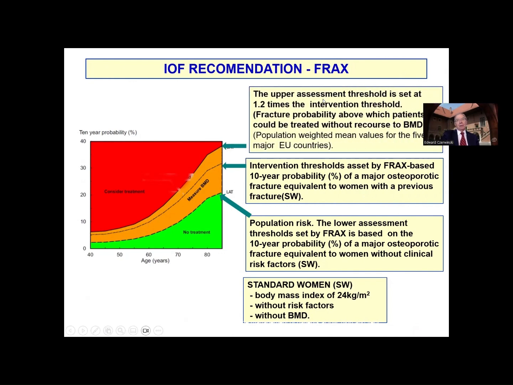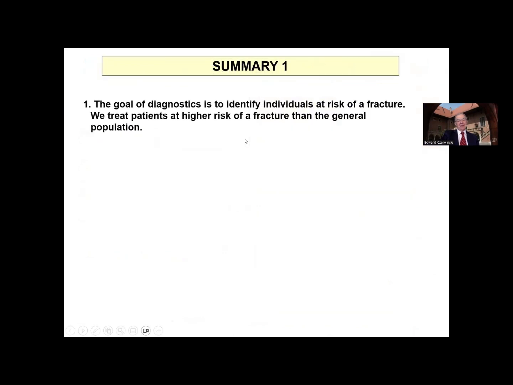And the upper threshold means if there is a higher FRAX result, this patient can be treated without checking BMD at all. I will return to this in the next session, talking about very high risk. Now we stop with the high risk and upper threshold.